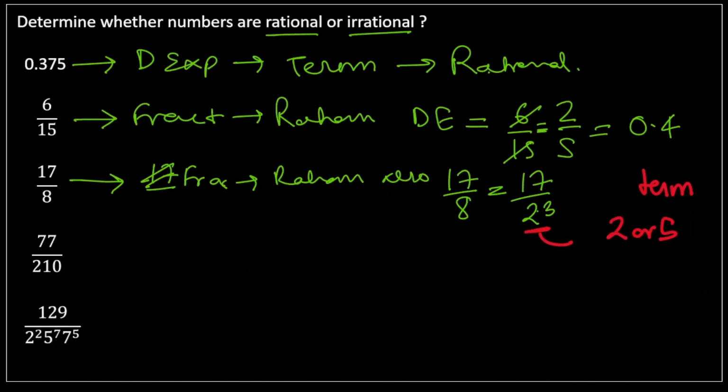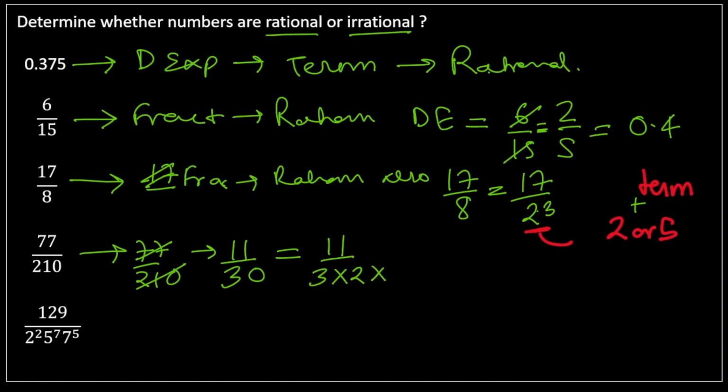Next is 77 upon 210. It is written in fractional form, so it is rational. But let us see whether the decimal expansion is terminating or non-terminating, recurring or non-recurring. If we reduce it, it is 11 upon 30, which can be written as 11 upon 3 into 2 into 5.